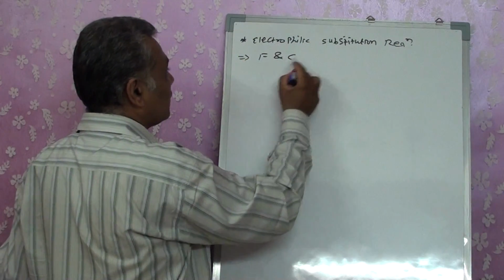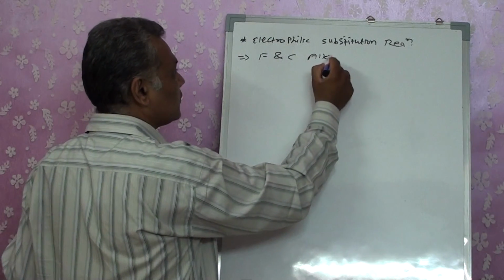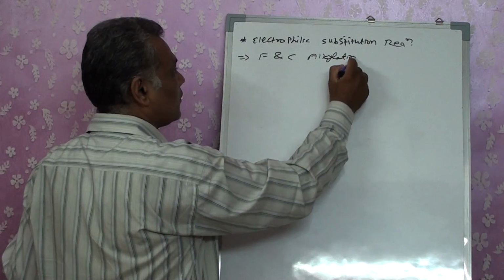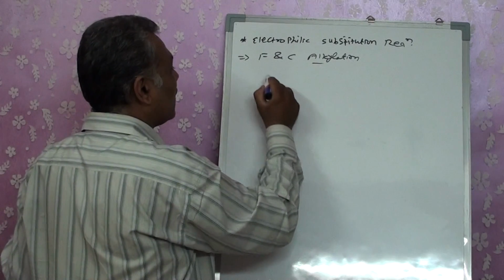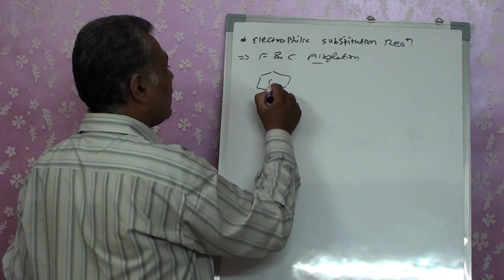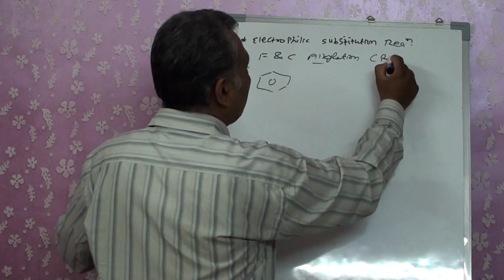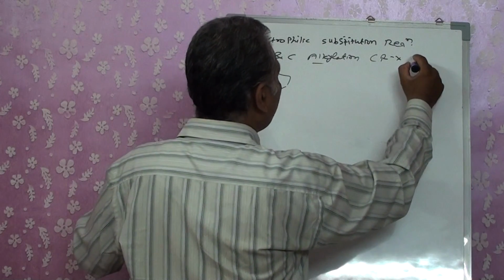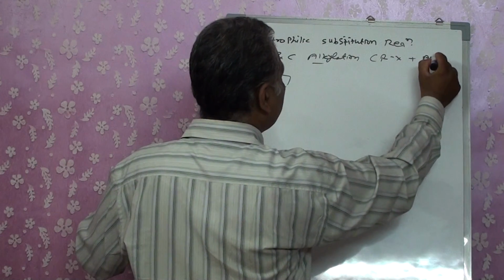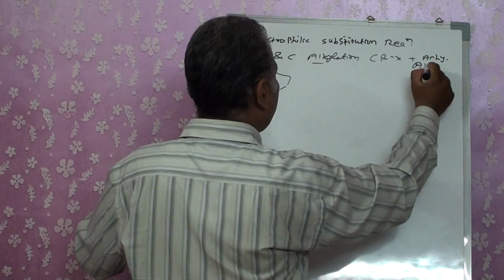Friedel-Crafts alkylation. Alkylation means we will have the reagent RX in presence of anhydrous AlCl3.